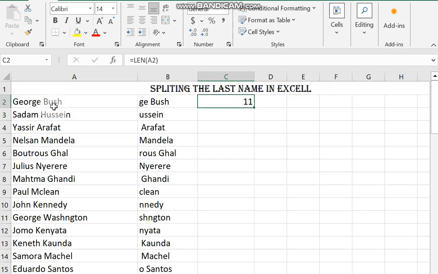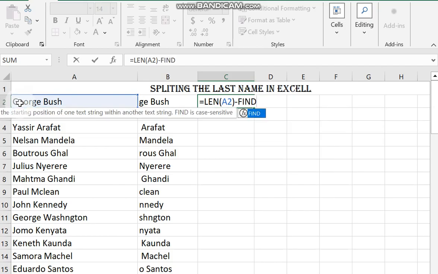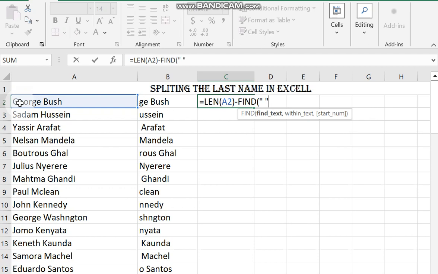So the total word has 11 characters including a space. Then after that, minus. Minus what? Minus the space from left. So FIND space in this word.